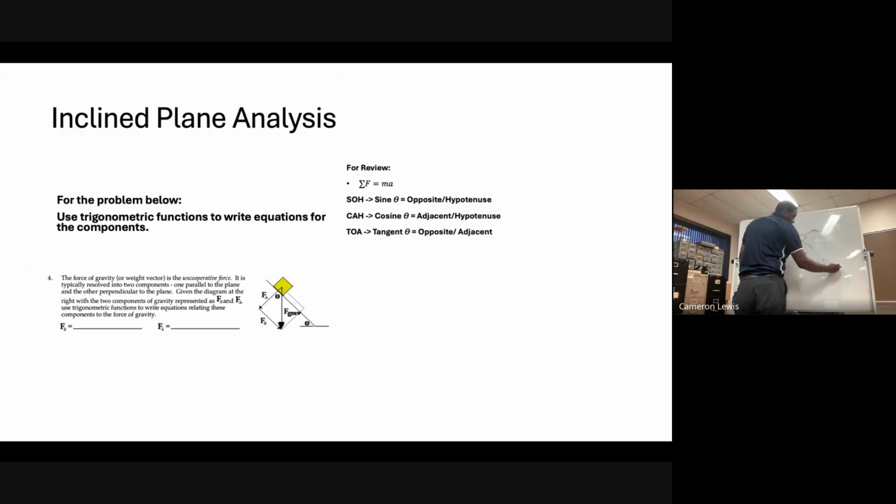So I could pull this out. Now I'm here. My hypotenuse is gravity. The angle in between them represents the perpendicular force, and then we have the normal force. What we want to do right now is just do some quick trig to find these components.